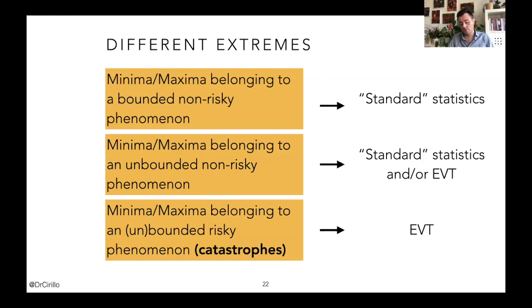So the range of variation of the phenomenon is, for example, between minus infinity and plus infinity, and yet the phenomenon is non-risky. So for example, let's assume that the losses of our portfolio are normally distributed.